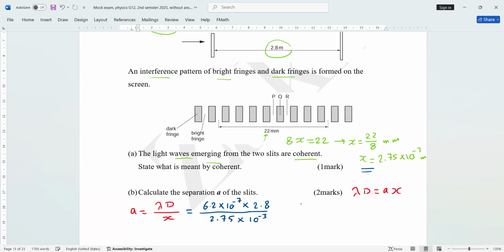By using a calculator, the answer is 6.3 multiplied by 10 to the power -4 meter. So this is about Young's double slit.